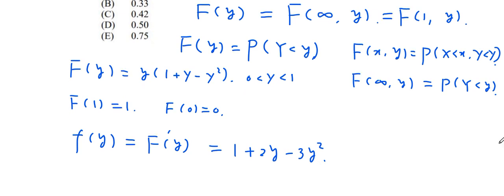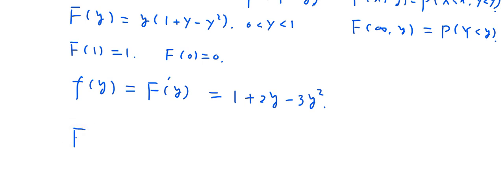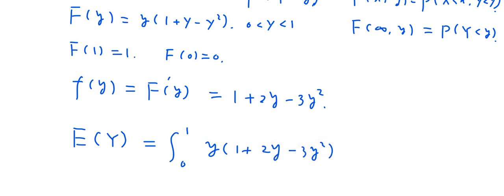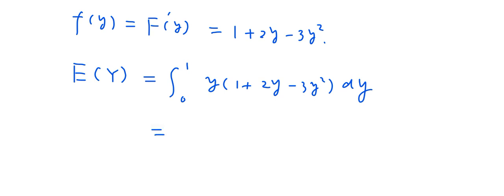Okay. By now, E(Y) is very easy, right? This is an example of a problem going from the cumulative function to the expectation. From the cumulative function to the density function, and from the density function we can get everything. So E(Y) equals the integral of y times the density. Integrating out, y gives 1 over 2, plus 2 times y squared gives 1 over 3, minus 3 times y cubed gives 1 over 4.